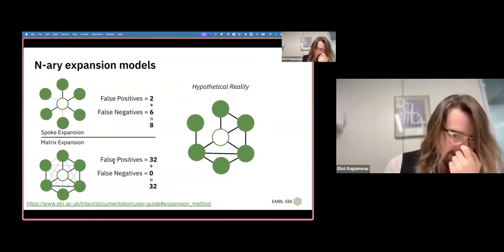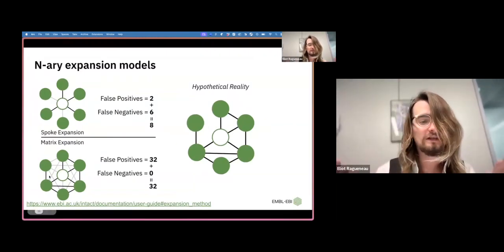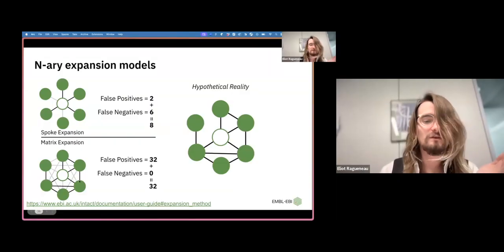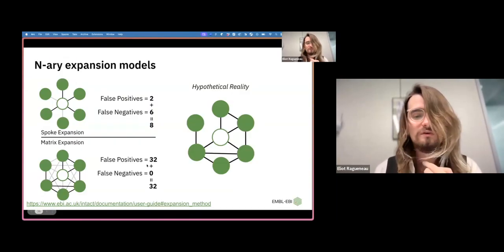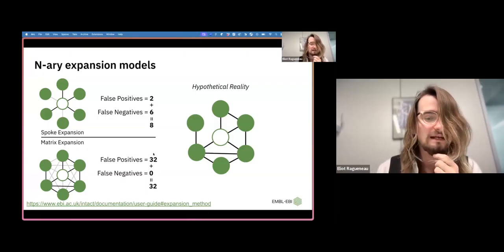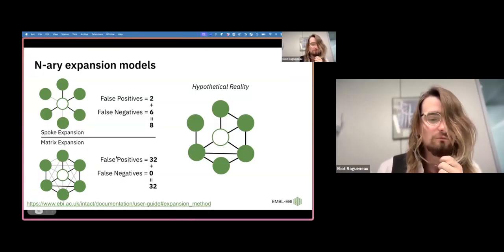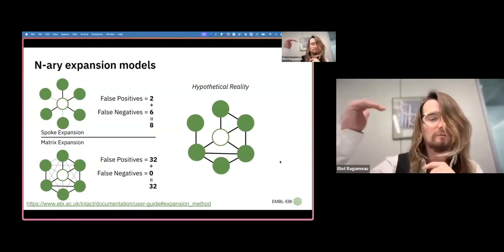All the possible edges that could exist are present, then there are no false negatives because there just cannot be. However, the number of false positives is really high, 32, and that will be even more of a problem as n progresses.